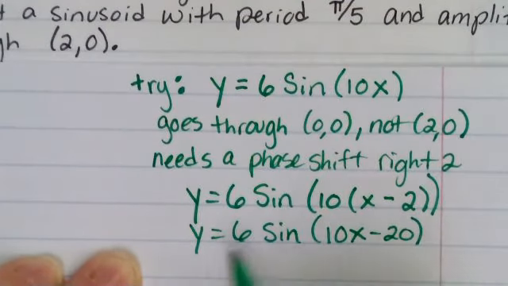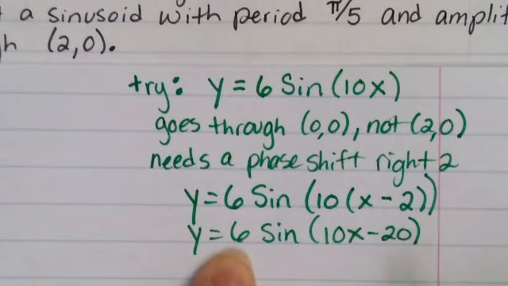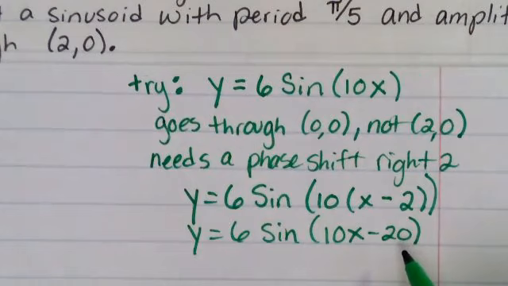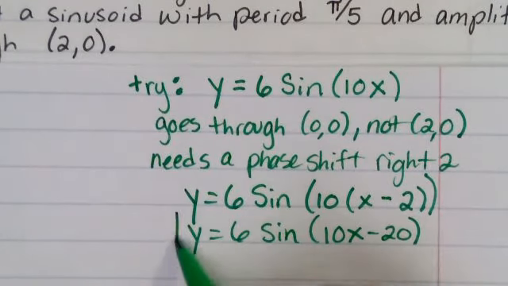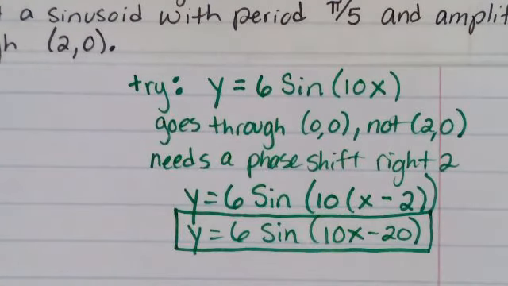You can check it in your calculator, but this equation has the amplitude we're talking about. It has the period we're talking about. The only thing that we had to adjust past that point was to make it go to the right 2 so we could force it to go through the point we want it to. There we go. Boom, done.